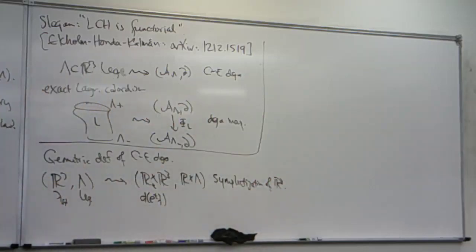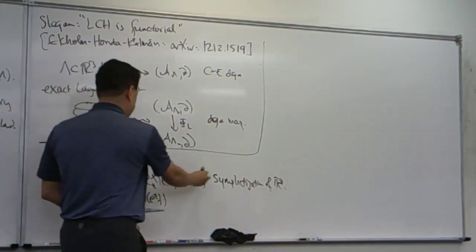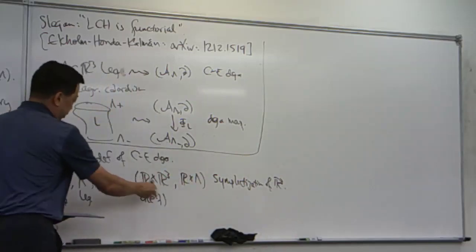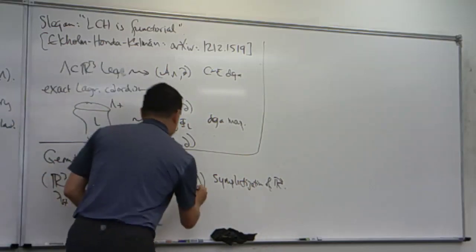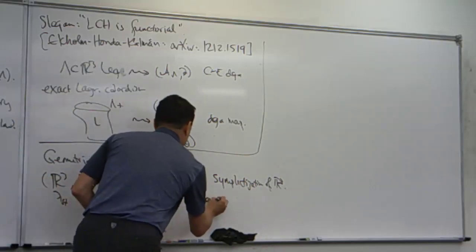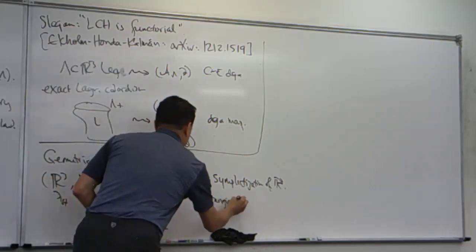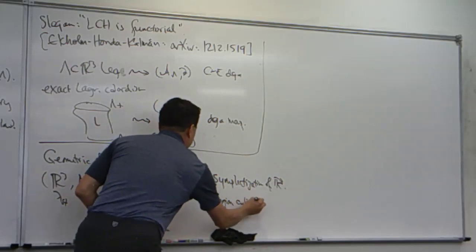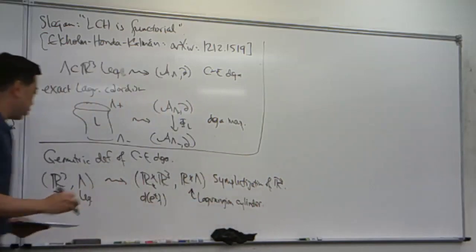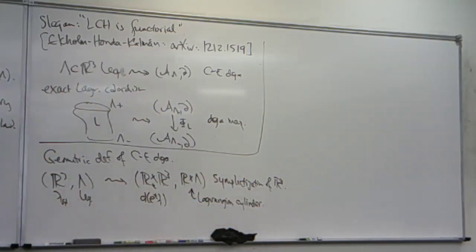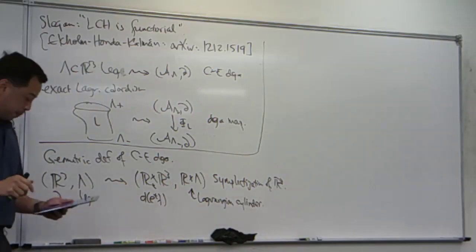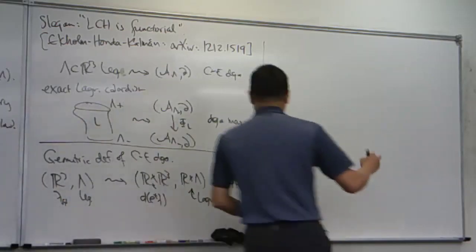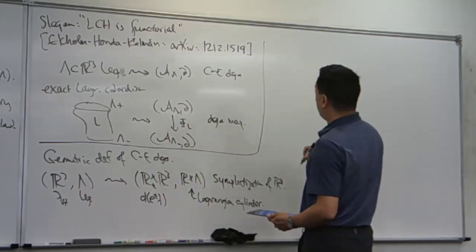And if you look at what lies over this Legendrian, you get R cross lambda, and it's easy to check that this is Lagrangian with respect to this symplectic structure. I'll call it a cylinder. If lambda is a single component, then this is topologically a cylinder. If lambda has multiple components, this is a bunch of cylinders.